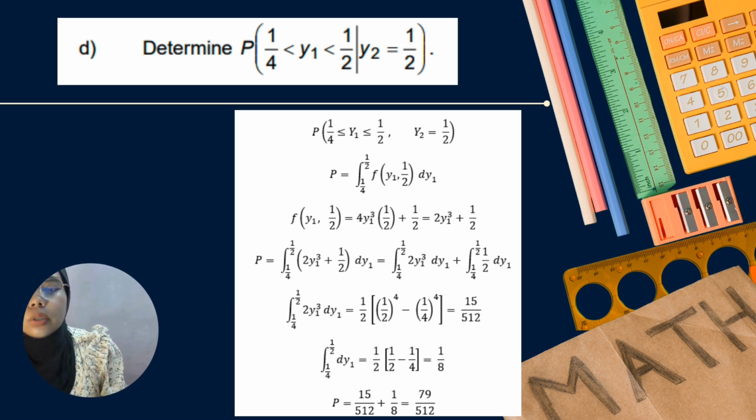For the first term, after integrating it, you will get 15 over 512. For the second term, you will get 1 over 8, as you can see in the picture. Then you add both terms, and you get 79 over 512.